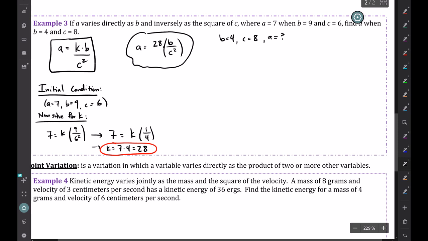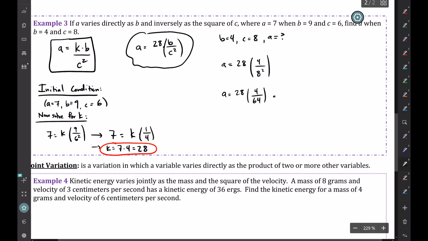Okay, so that means that we have the equation a equals 28 times 4 over 8 squared. So it'd be 4 over 64. So a equals 28 times 4 over 64. Let's see, 4 over 64 is 1/16.